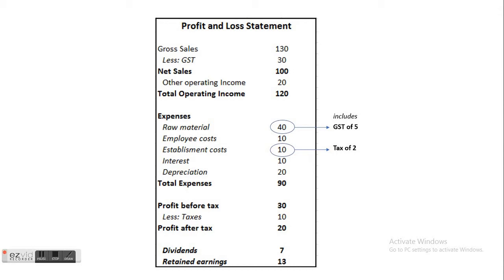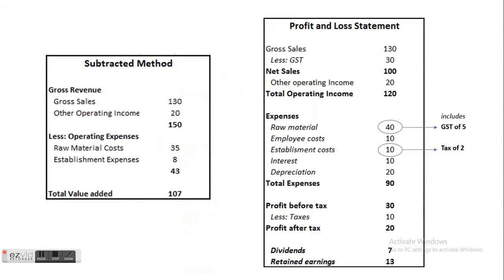Now there are two methods to get the total value added. One is the shortcut way or the subtractive way, and the other is the additive way. In the subtractive way, we subtract operating expenses of the company from the gross revenue that the company earns from all the operations. So the gross revenue is 150, which is 130 of the sales and 20 of the operating income.